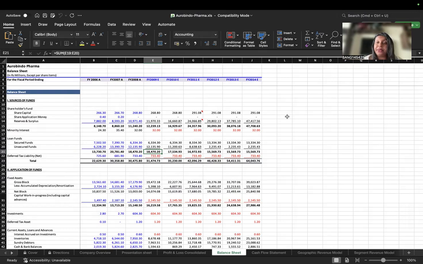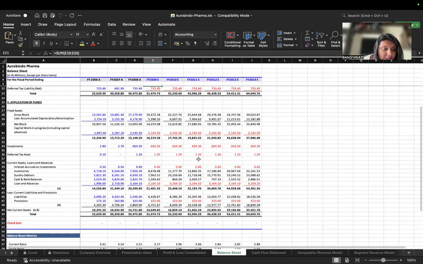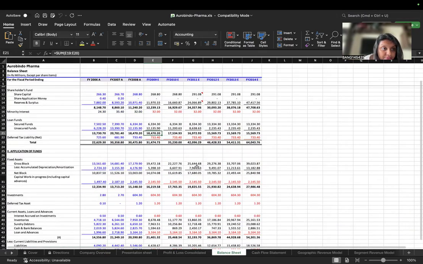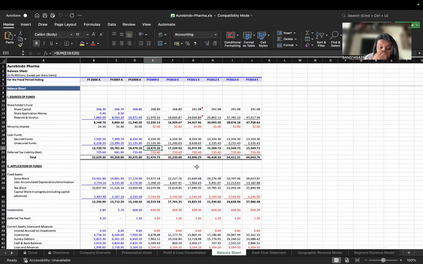So to fund this debt repayment and fuel growth, the model projects a surge in shareholders' equity from rupees 12,239 million to rupees 47,709 million.